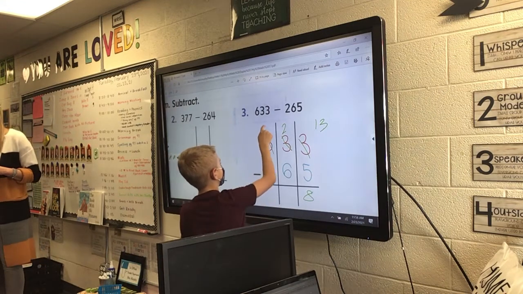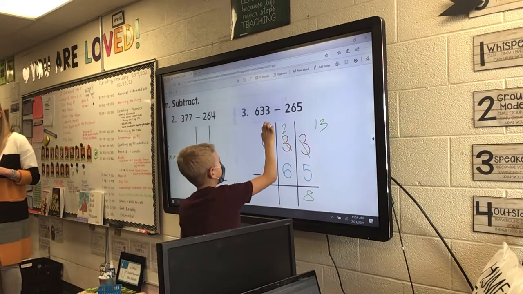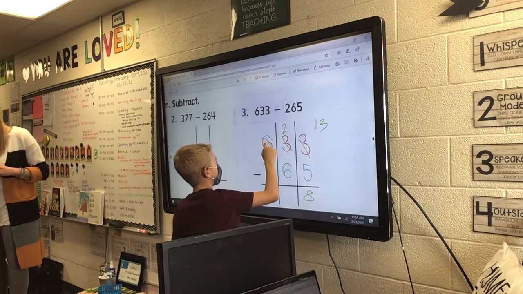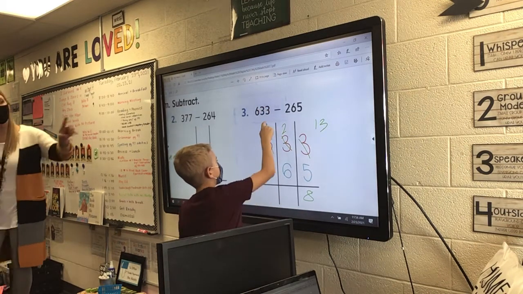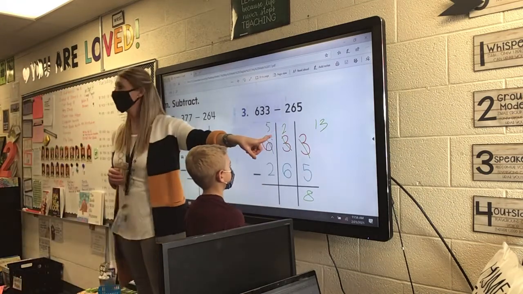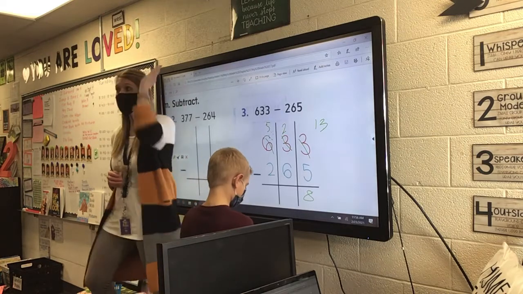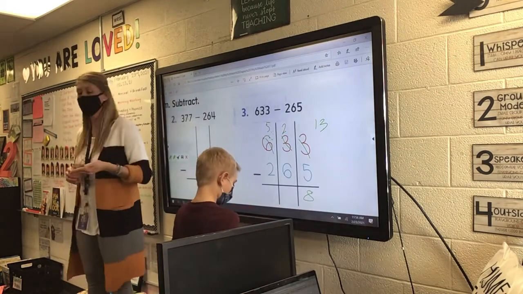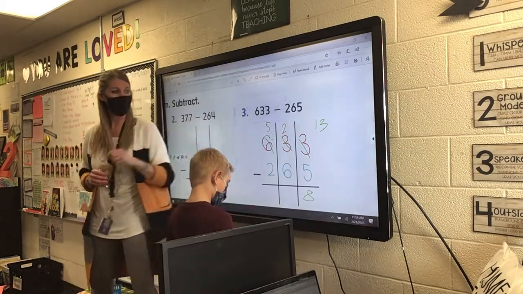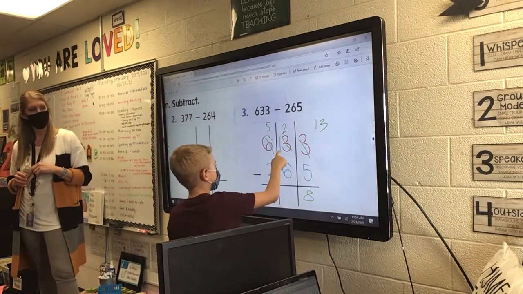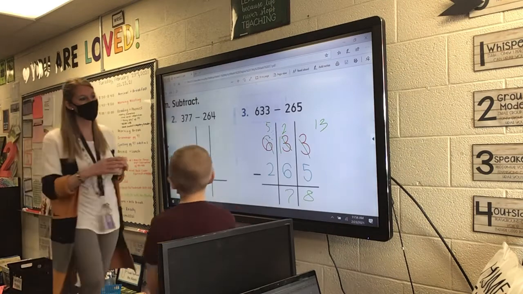Now 2 minus 6. He realized bigger bottom, better borrow. So the 6 becomes a 5. Now watch, guys. This 2 now becomes a 12. You just put a 1 in front of it because you're adding 10 to it. So Lewis put a 1 in front of it. Okay, Lewis, no. Why no?